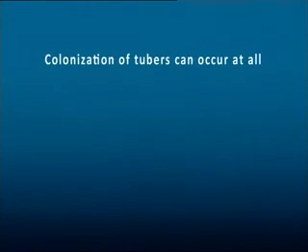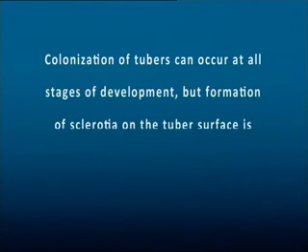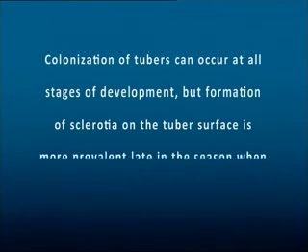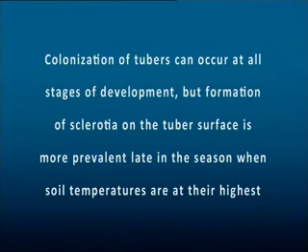Production of microsclerotia is greatest at high temperatures, and increasing disease incidence has been associated with increasing soil temperatures. Colonization of tubers can occur at all stages of development, but formation of sclerotia on the tuber surface is more prevalent late in the season when soil temperatures are at their highest.